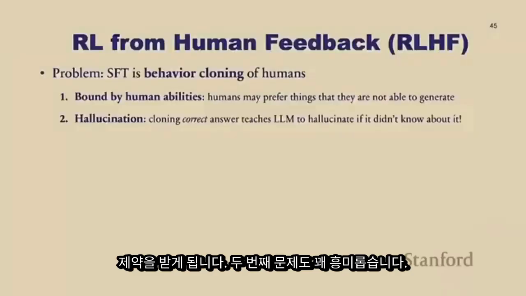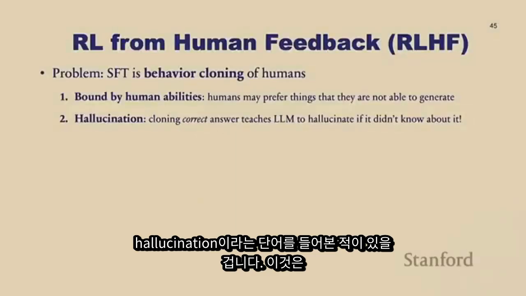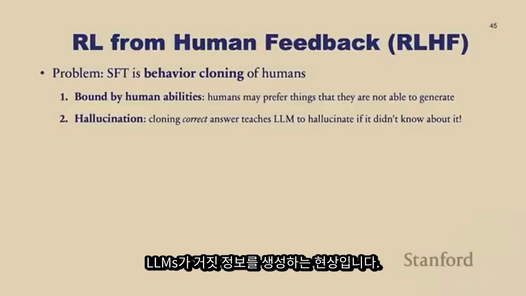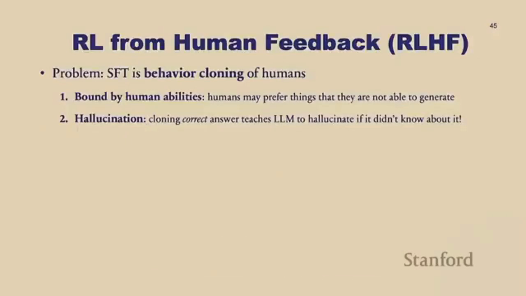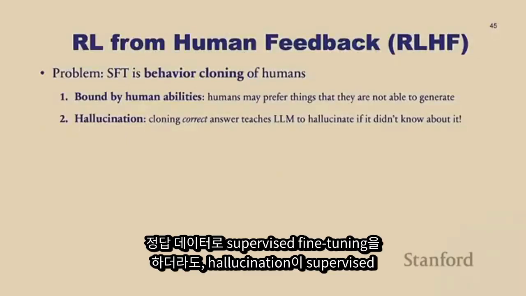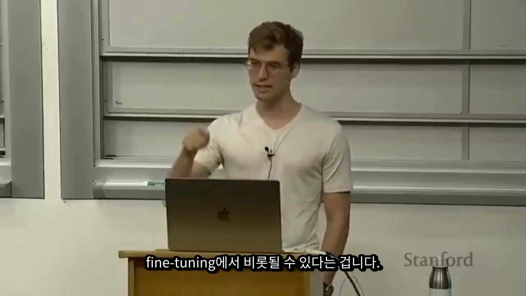Issue number 2, which I find pretty interesting, is that if you ever heard of the word hallucination, this is LLMs generating false information. People have hypothesized that hallucination can come from the supervised fine-tuning, even if you do supervised fine-tuning on data that is correct.